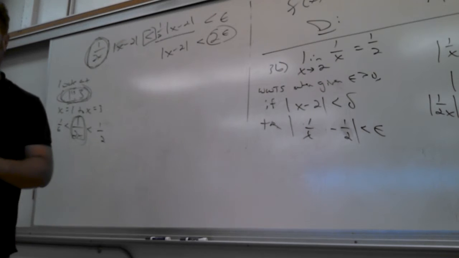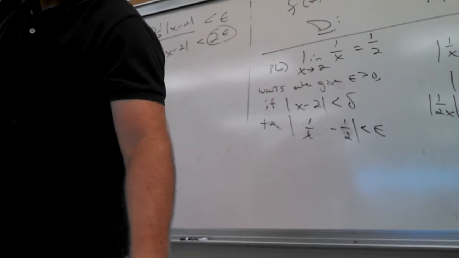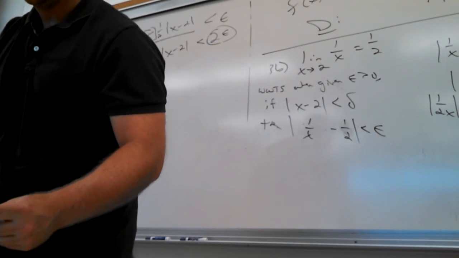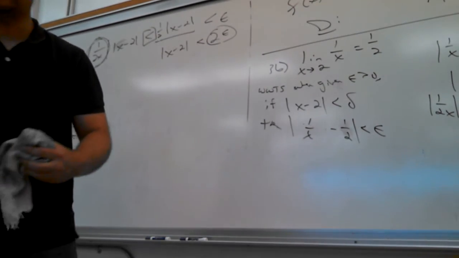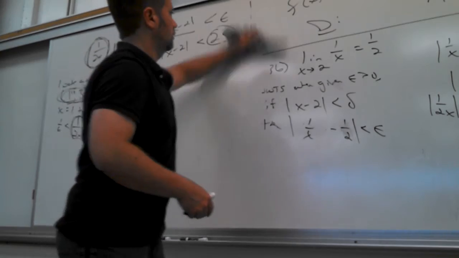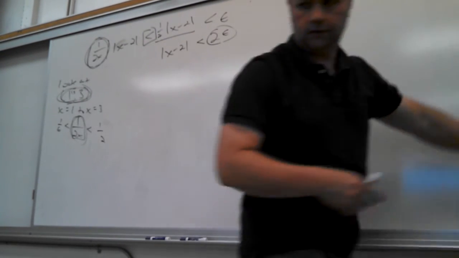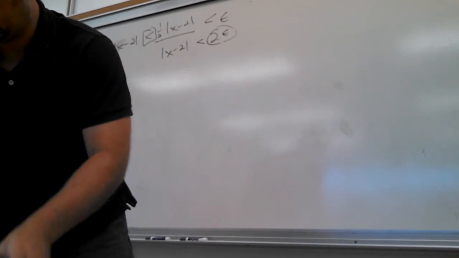In 3C, I ended up getting to a point where I couldn't get rid of the problem. Oh, and that's sort of the point. Is there really a problem? So 3C looks like this here, right?